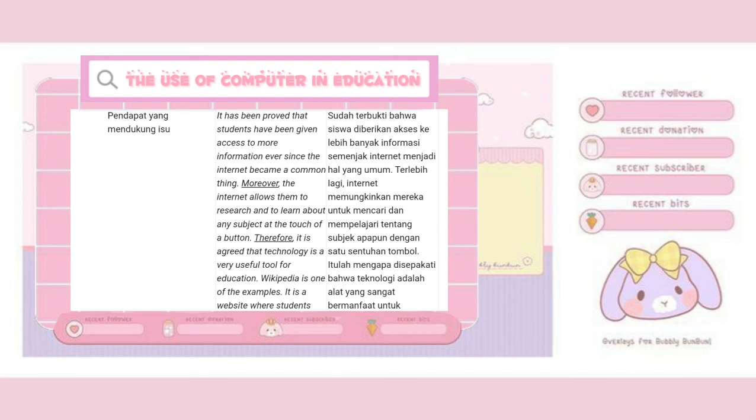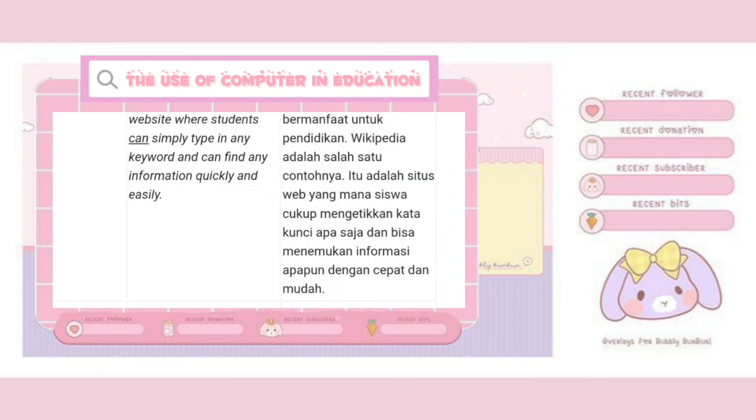Moreover, the internet allows them to research and to learn about any subject at the touch of a button. Therefore, it is agreed that technology is a very useful tool for education. Wikipedia is one of the examples. It is a website where students can simply type in any keyword and find any information quickly and easily.